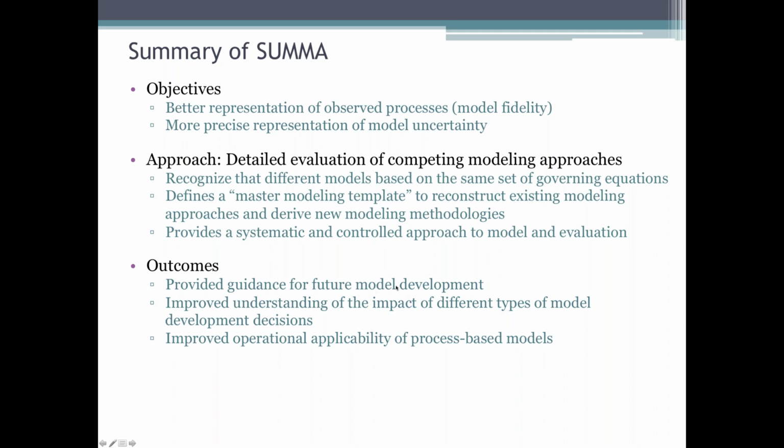This gives guidance for future model development. Personally, even if we're using another model, we often use this model to check that model, or to check a couple of options for something we see might be a problem in the model we want to use. And then to use improved understanding of the impact of different decisions, and thus improve any type of process model in general.